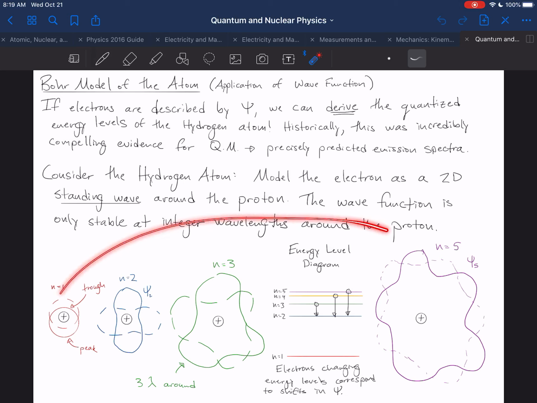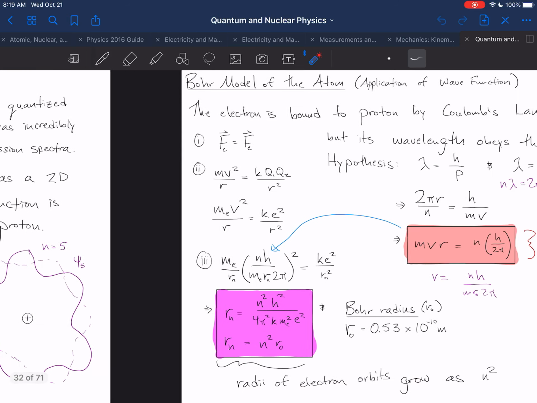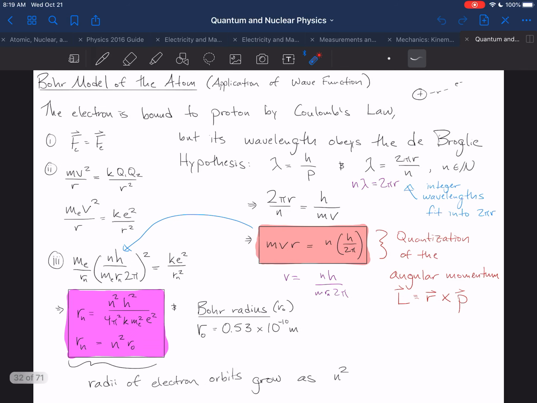Okay, and so this is our model for what is happening fundamentally. And what we're going to do over the course of the next few videos is take that model and derive a number of results.